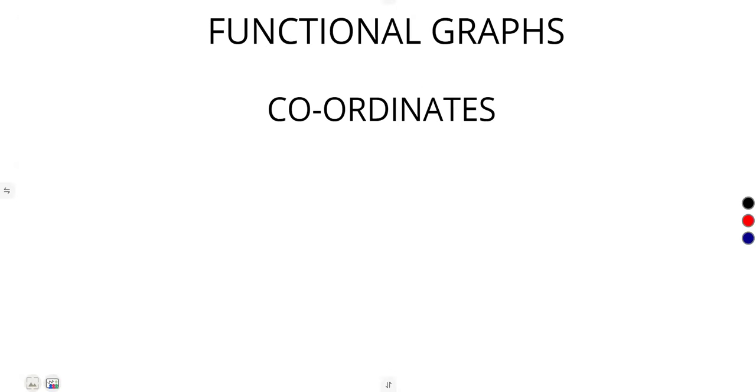We are going to focus on the coordinates, the basics that you need later on as we consider plotting of the graphs, the different types of graphs that we have in our syllabus. This is the presentation of what you're going to be using, our graph paper. It is something of this nature.